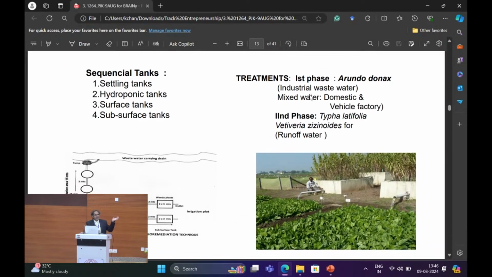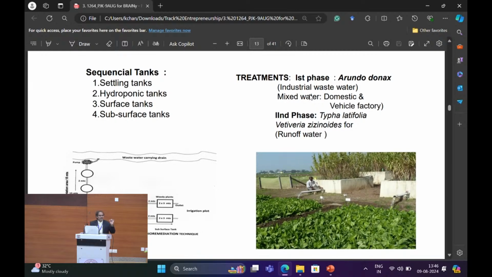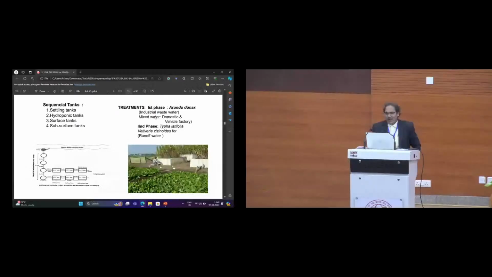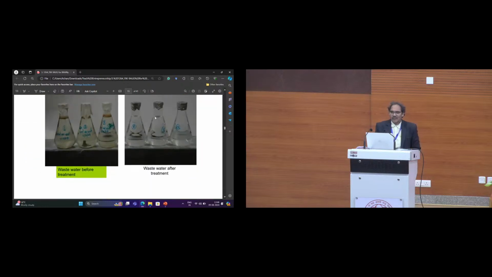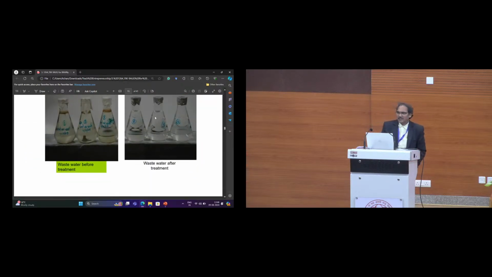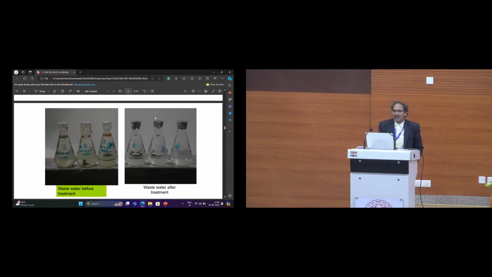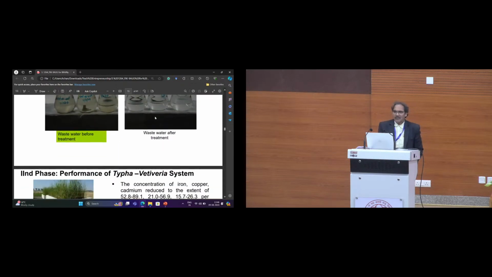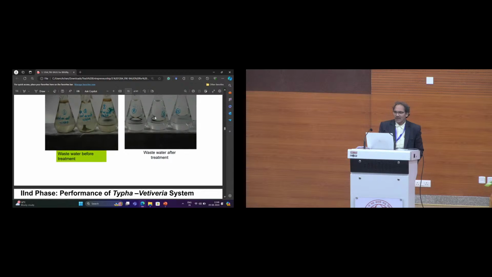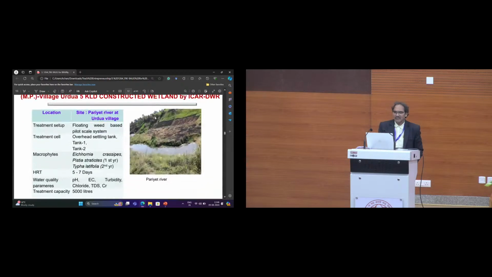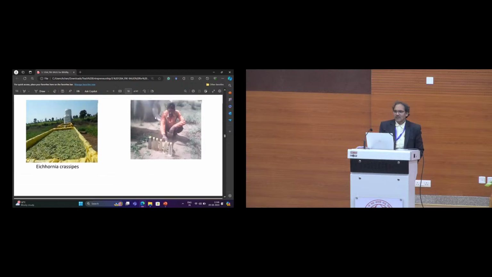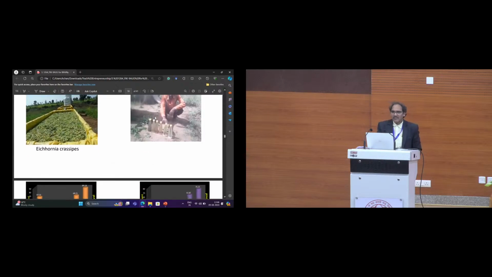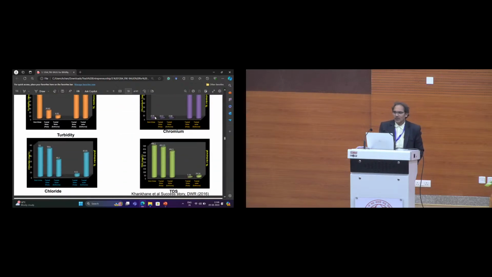We developed this structure, a 20,000 liter capacity treatment using plants. These are Arundo donax, and in the right flask, the clear water, as compared with the untreated water. These are the structures, and this structure was also applied at a village in Madhya Pradesh near Jabalpur.